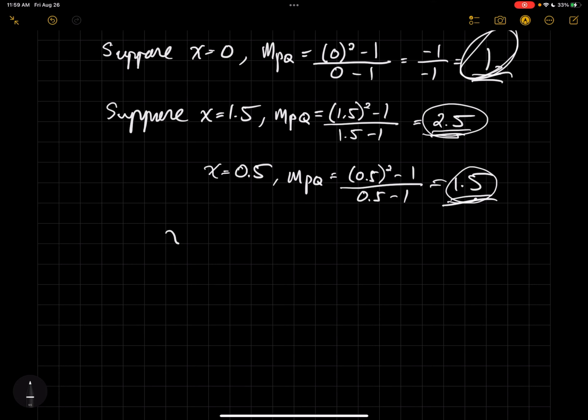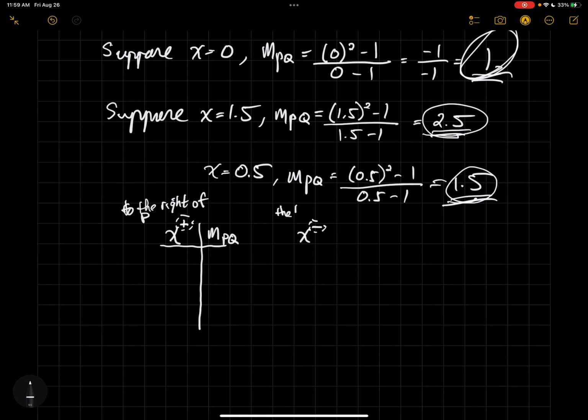And so we can have a table of x values that are to the right of P, right? So you'll notice that I used a plus sign there. That means to the right of P, where Q is to the right of P. And we can calculate our slopes of the secant PQ for those various values of x that are to the right of P. And then we can also create a table where x is to the left of P. Notice I used a minus sign there.